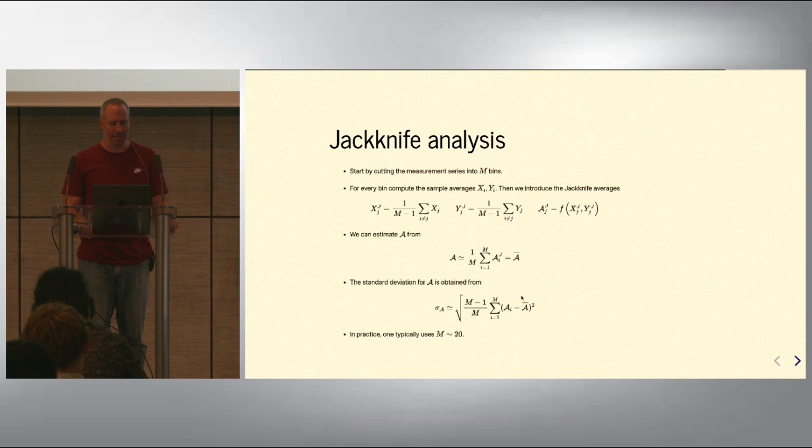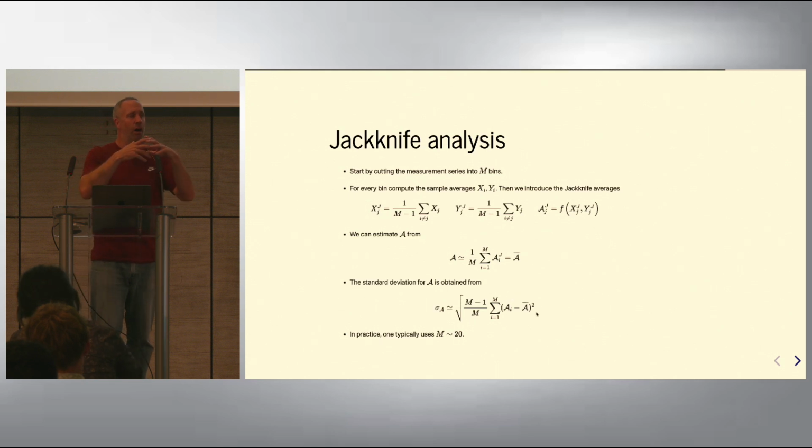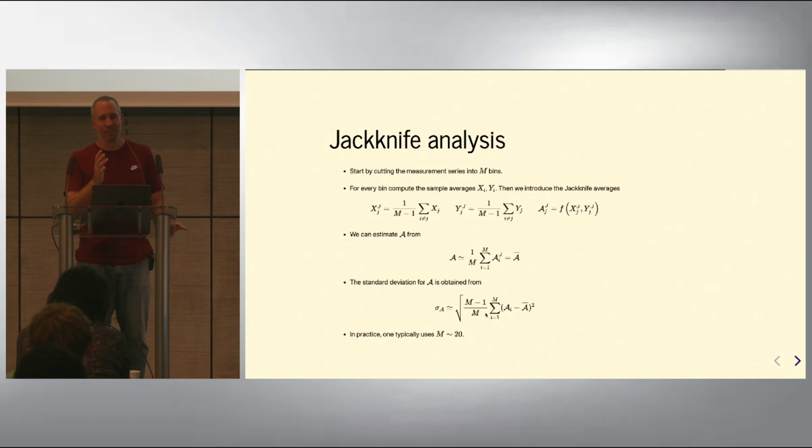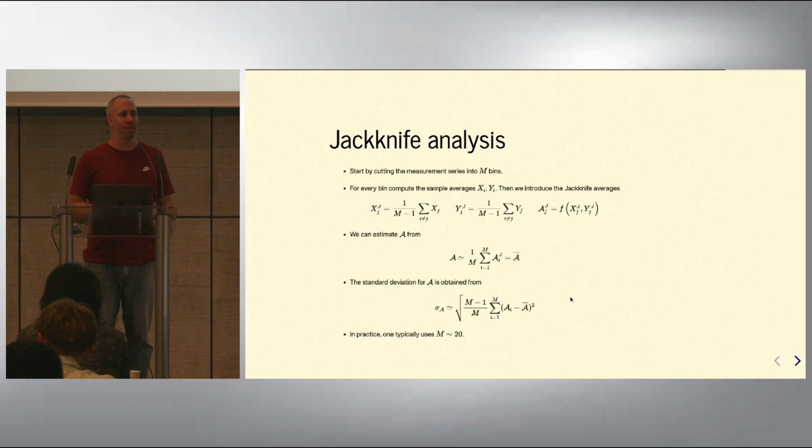So this is basically taking the variance of your 20 bins, fixing it with a clever prefactor that you need to work out if you read more about jackknife. Take the square root of that, and this will give you a fairly good estimate, I mean, of the standard deviation of more sophisticated averages.